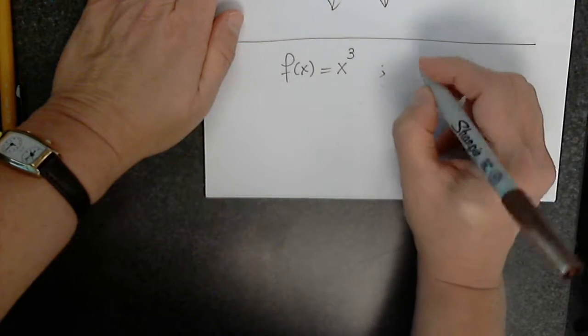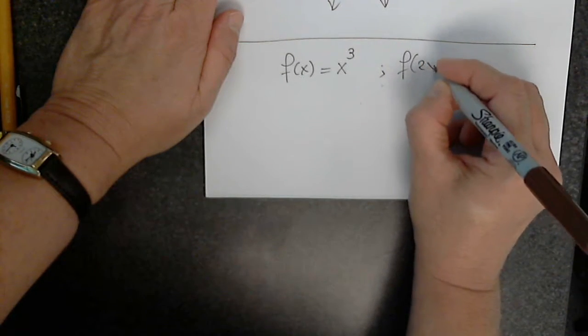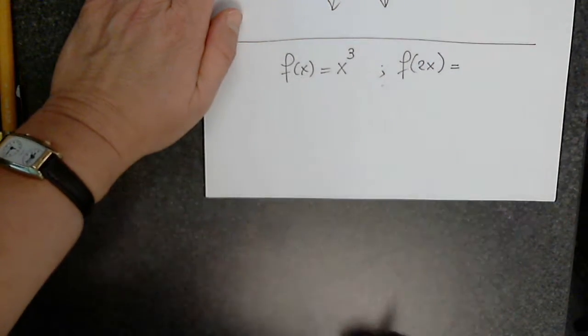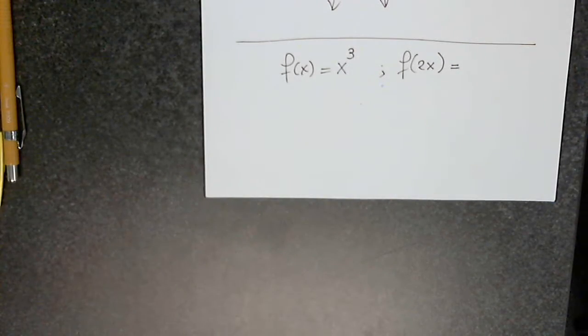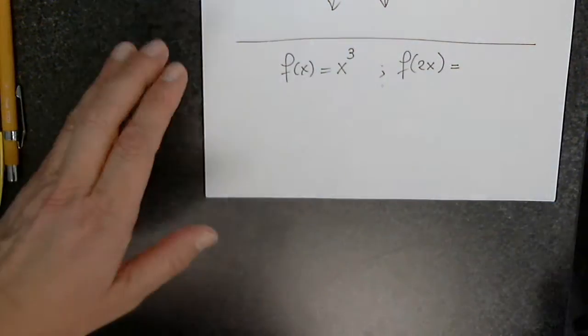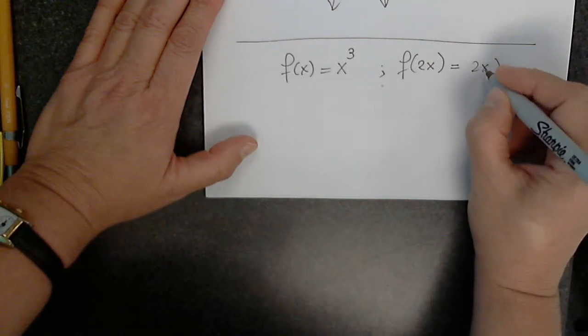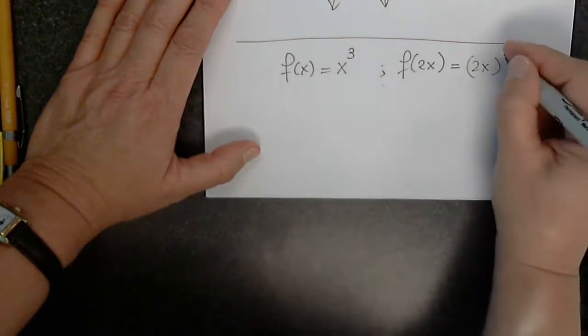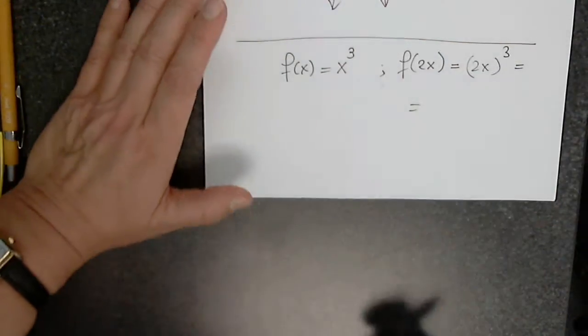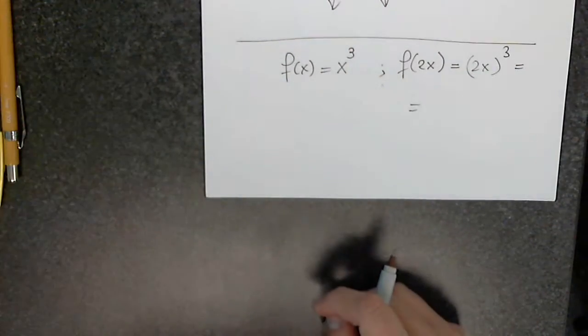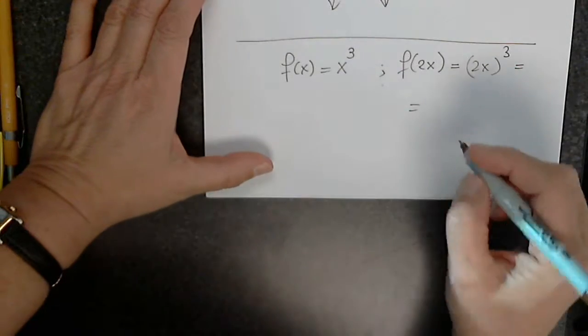Now, if I ask you to find f of 2x, what will you do? You will replace x by 2x. How do I cube a product? I cube each factor. How much is 2 to the third?